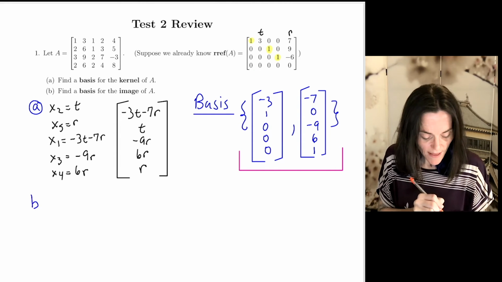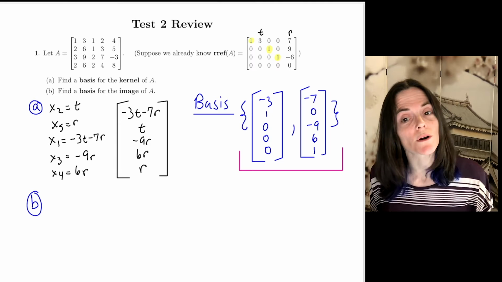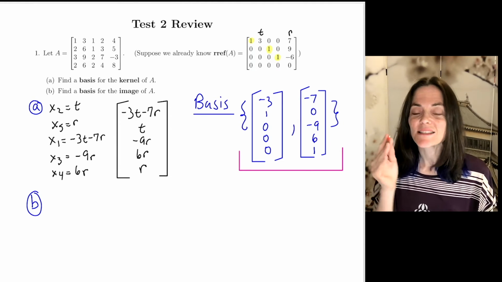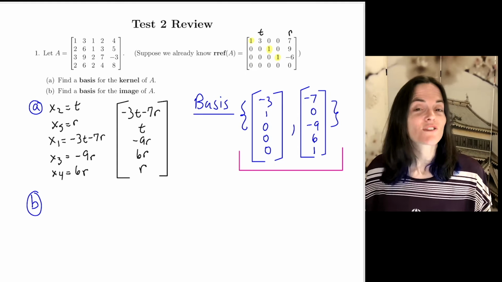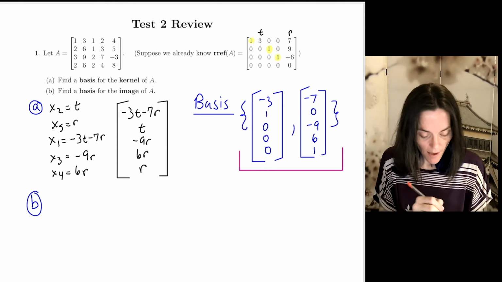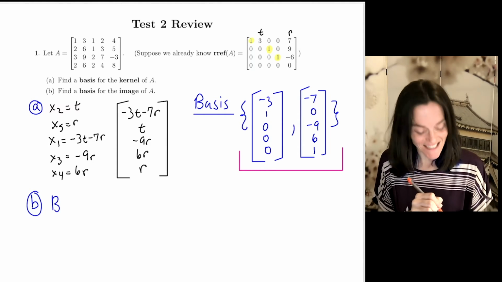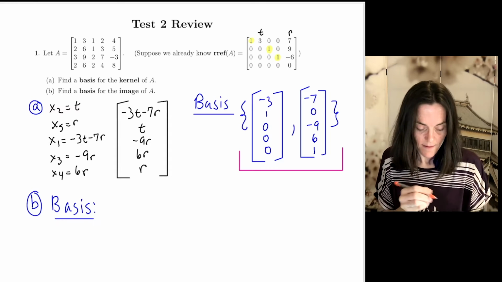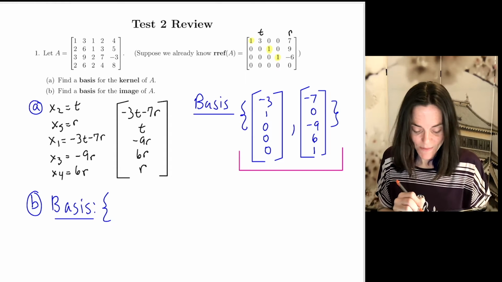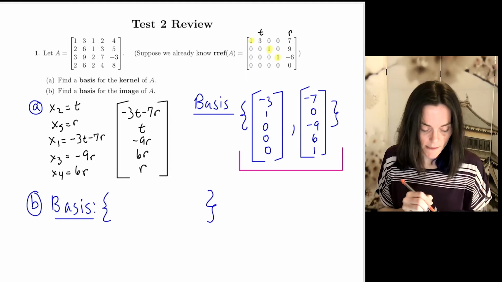Well, the image of A, to find a basis for that, it's shorter. You see I have leading ones in columns 1, 3, and 4 in the reduced row echelon form. So I just pull off those columns in my original matrix. The basis for the image of A has 3 elements because I have 3 leading ones.